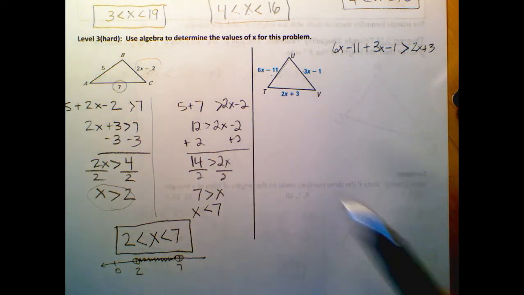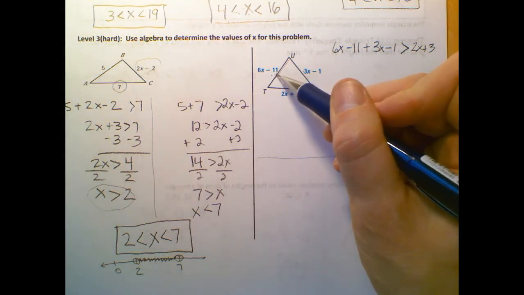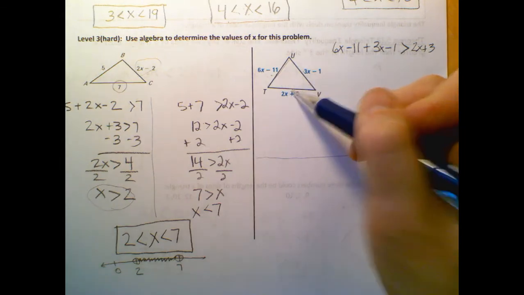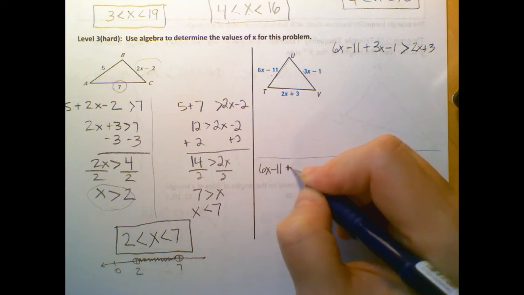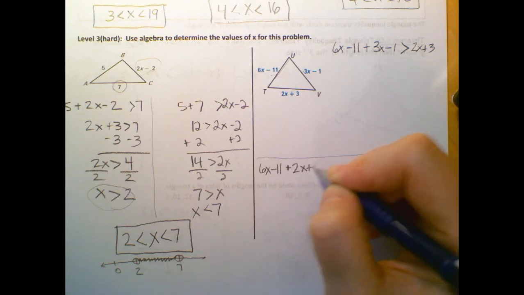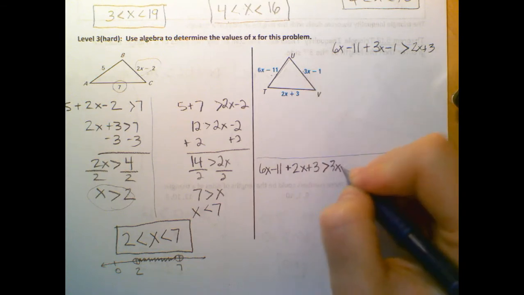Now I'm going to space it and give myself some room to work. The second one that I could do would be to say maybe this side and this side together, 6x minus 11 plus 2x plus 3 has to be greater than 3x minus 1.